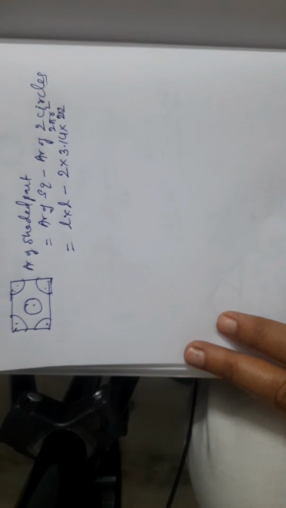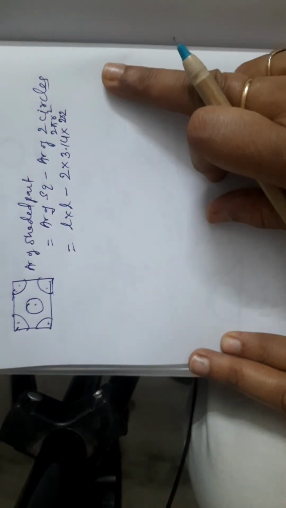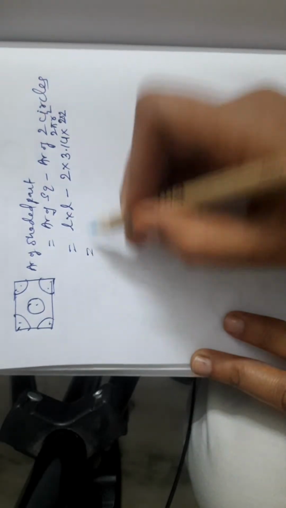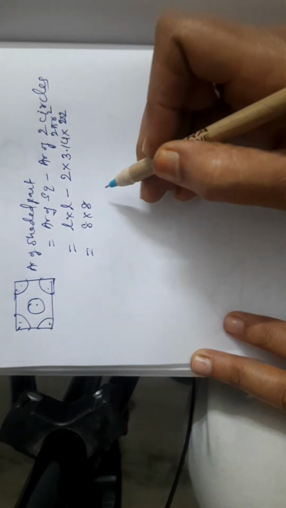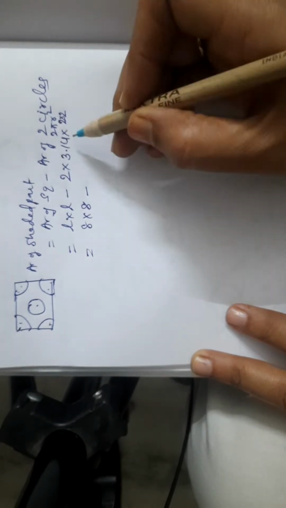Okay, is it clear? So 8 multiply by 8 minus 2 into 4 into 3.14.